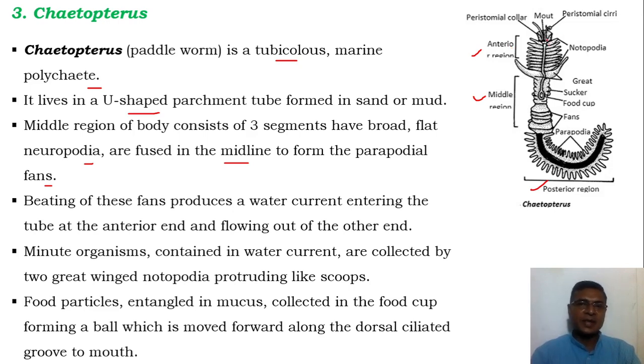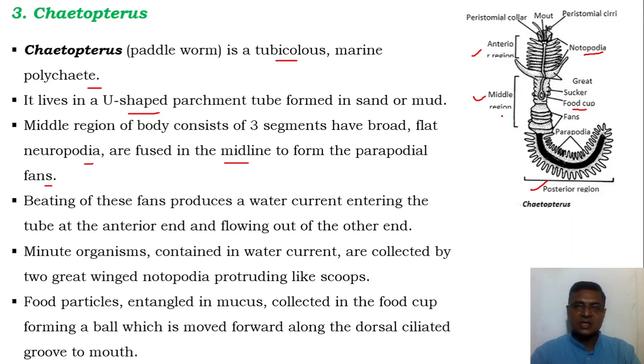Just below the peristomial collar, the notopodia present are 9 in total, while the 10th one is well modified and extended in the form of a great fan. Just below this, the sucker is present, as well as a groove starting from the mouth up to the base of the sucker, in the form of the food cup.